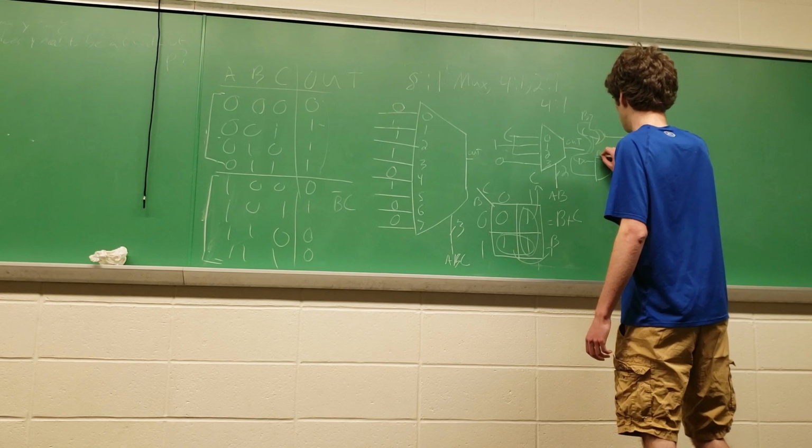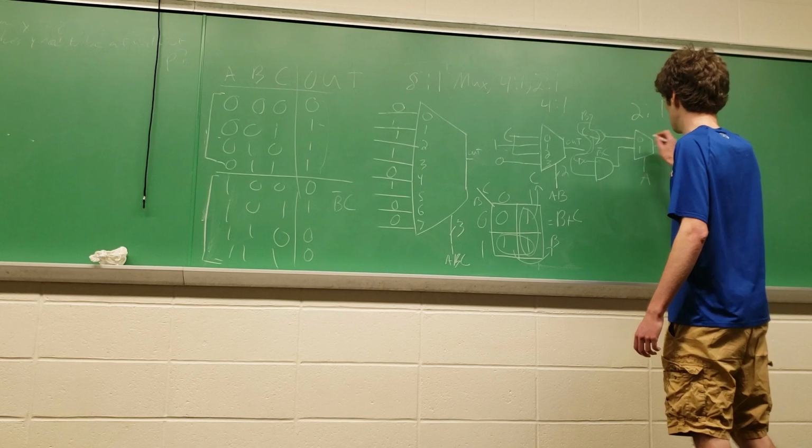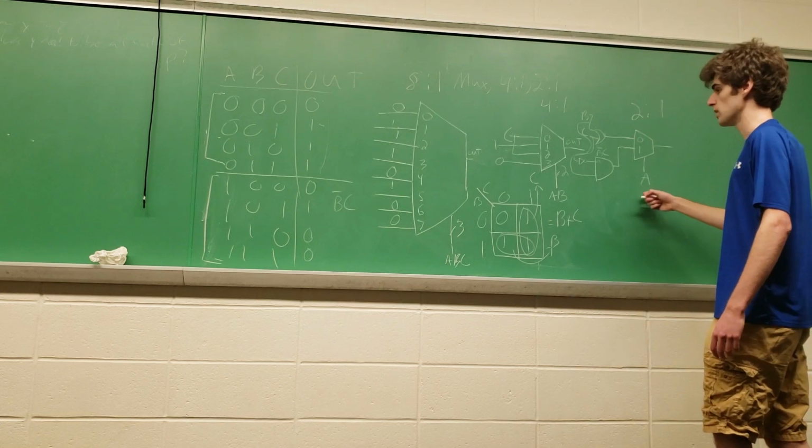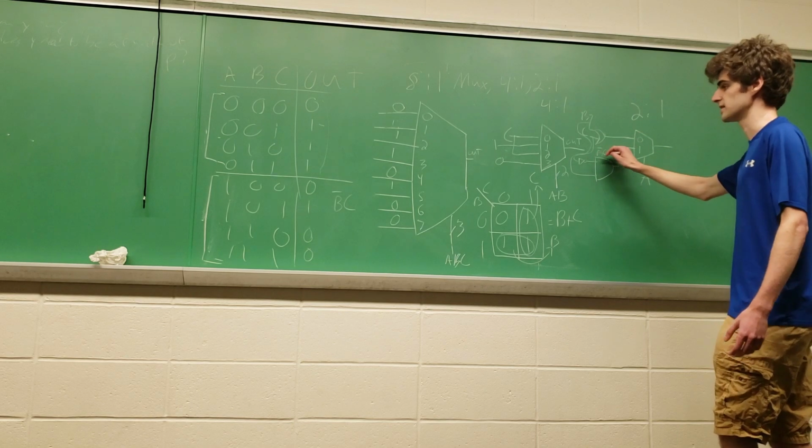So this is B not C, and then I'm going to just feed this into here. So when A is equal to 1, we're just going to output whatever the value of B not C is.